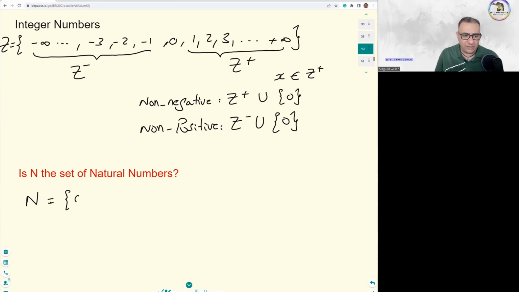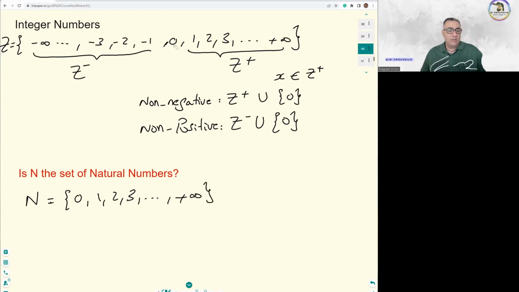So N is 0, 1, 2, 3, until positive infinity. Now the question here is, N is the set of natural numbers.